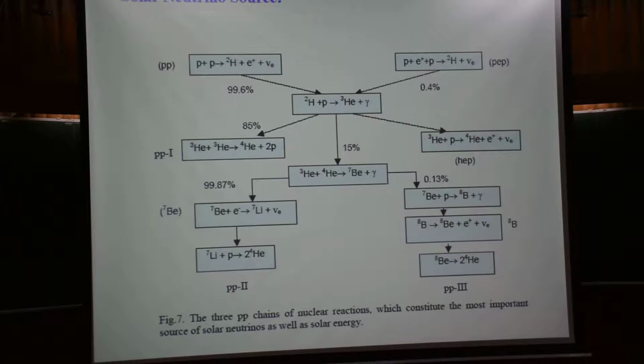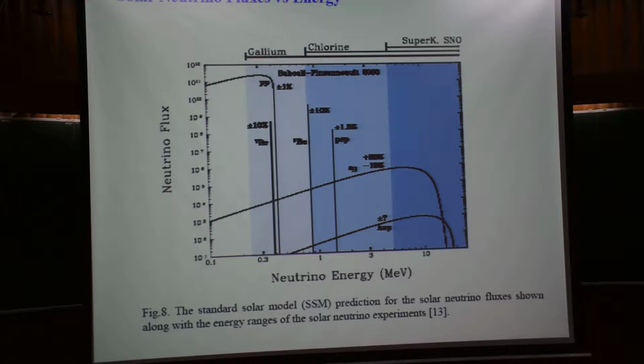Okay, so let us look at the fluxes. This is taken from the calculation of Bahcall. Bahcall is kind of the father figure of solar neutrinos. He died about a decade back. These are his calculations, and the pp neutrino flux is the largest flux, but it goes only up to 0.4 MeV.